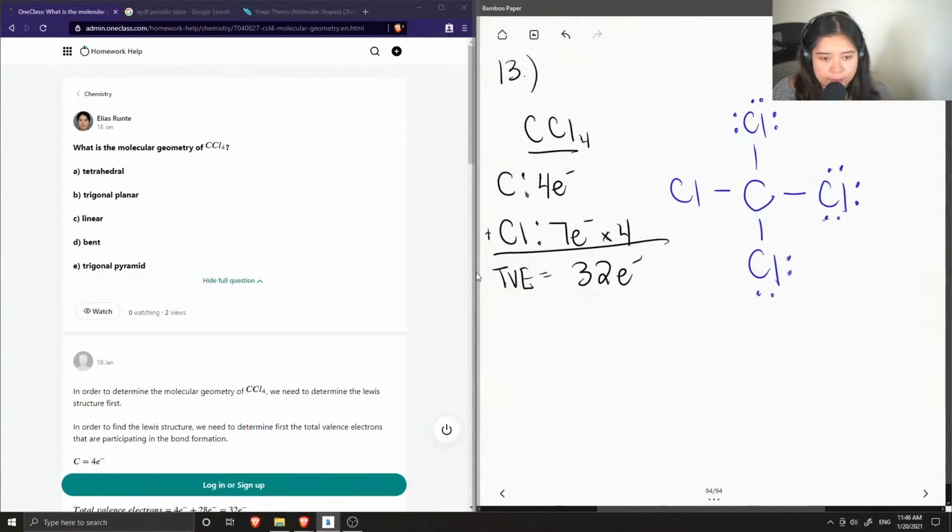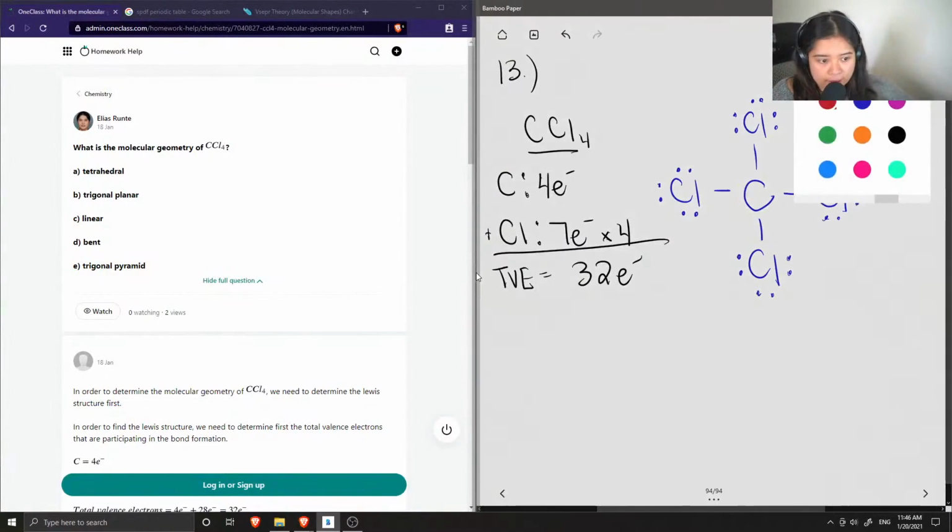Okay, so each bond contains 2 bonding electrons. And if I were to count out how many electrons I've drawn so far in this structure, you can see I already have 32 electrons drawn. So each bond contains 2 electrons, and each chlorine has 6 valence electrons, or 6 electrons that are non-bonding.